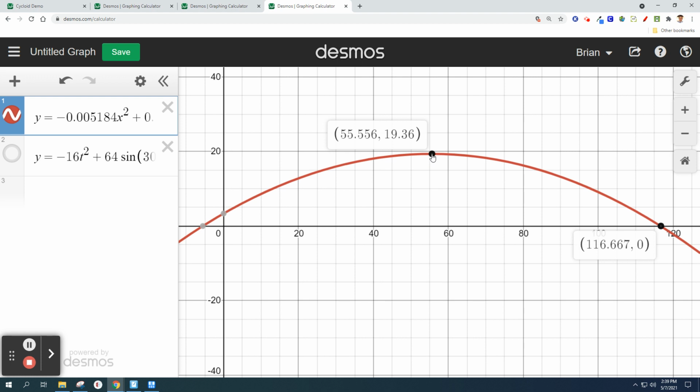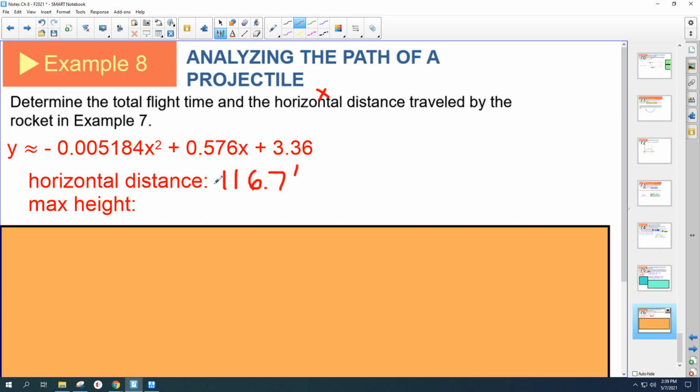That's just going to be the vertex or the high point, 55.6 or so. It wouldn't hurt you to sketch a little parabola over here and show your 116 and your 55.